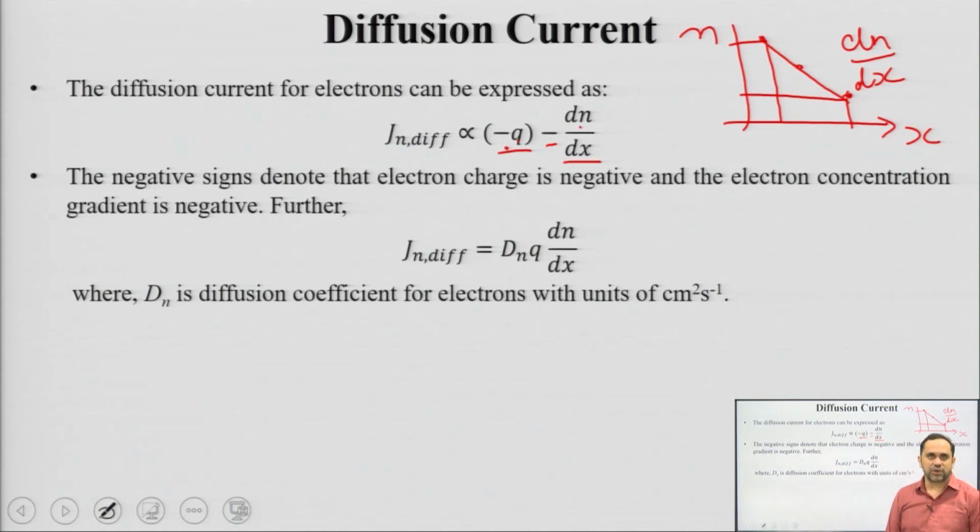Okay. So, the same will be done for holes also. For electrons, the current is proportional to the charge q as well as the concentration gradient, the product, and the proportionality constant here is represented by D subscript n, which is known as the diffusion coefficient for electrons, and the units are centimeter square per second.